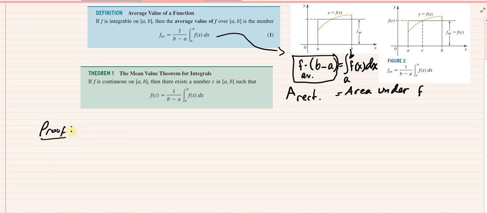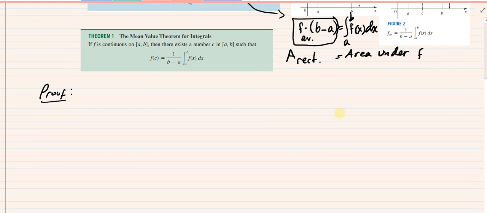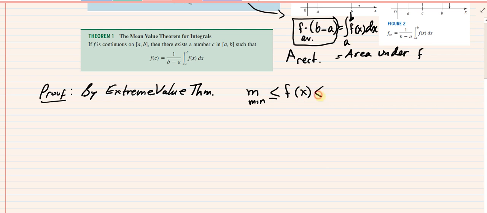Okay, so if we take a look at the proof of this one, it's not difficult to prove. So the proof goes something like this. Because the function is continuous on a closed interval, we had the theorem earlier, by the extreme value theorem, that there is a minimum and there is a maximum value between which the function lies.